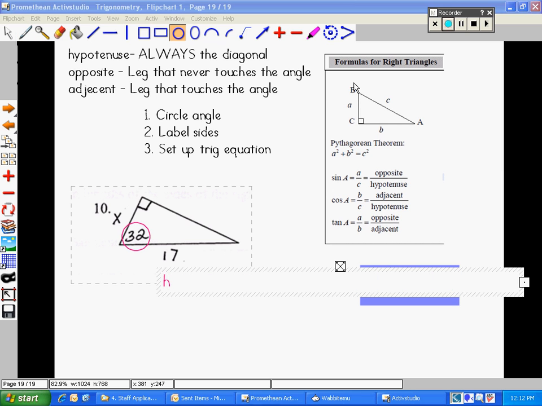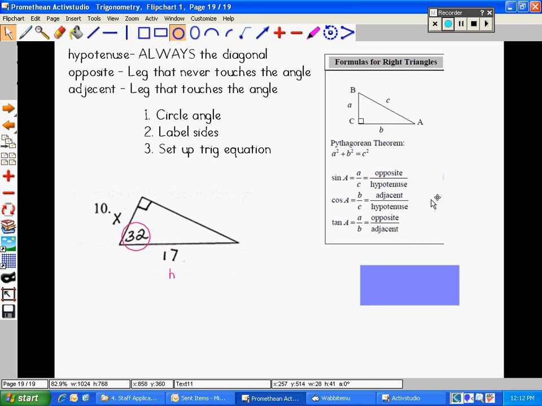Because I know this is the hypotenuse, I've narrowed down my choices to either sine or cosine, because tangent does not have hypotenuse. Now let's label the x. X touches the angle and it's one of the perpendicular legs. Since it touches the angle, it has to be the adjacent side.